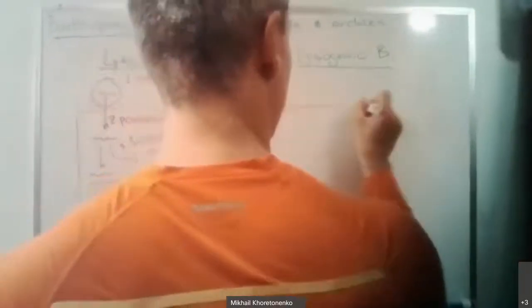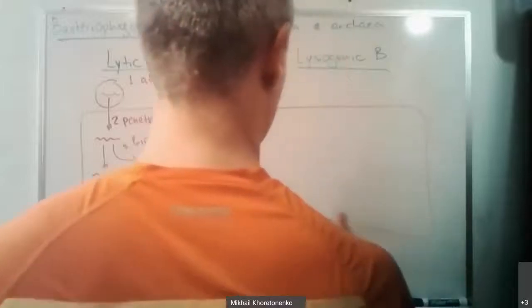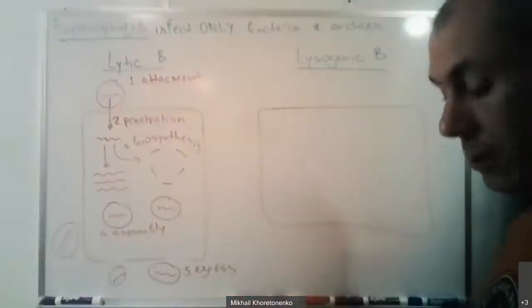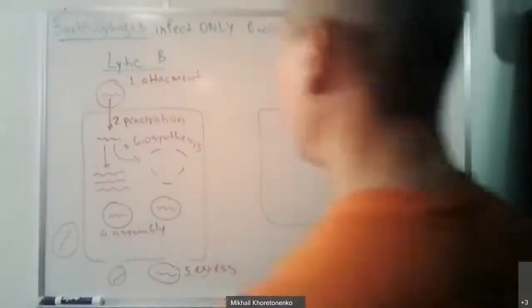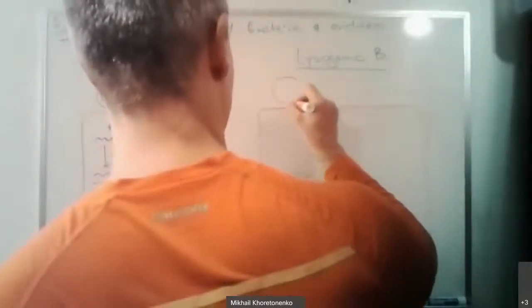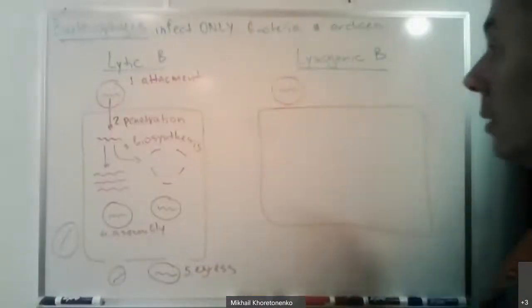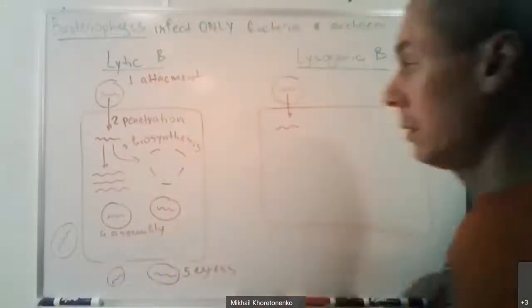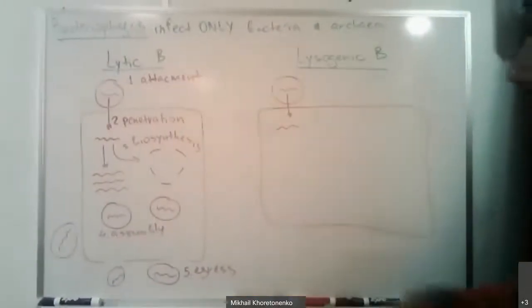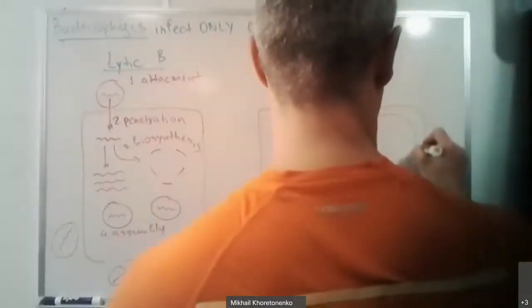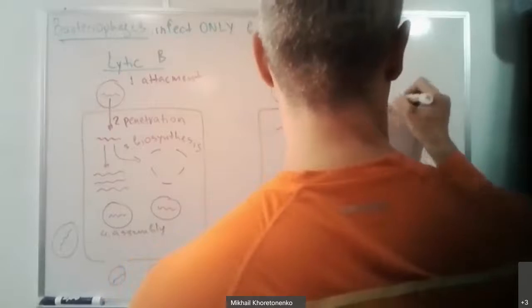In case of lysogenic bacteriophages, the situation is slightly different. So the phage, just like lytic phage, gets attached to the bacterial cell, injects its DNA inside of the cell, and here you have the bacterial chromosome.